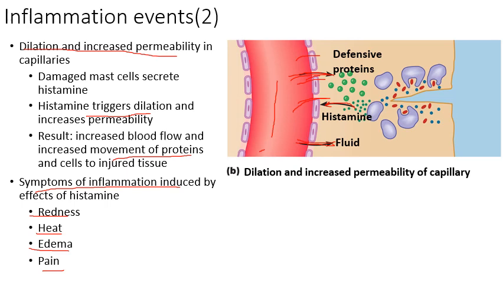Those are the classic signs when you think of inflammation. Those are induced by that histamine release that is going to increase dilation of the vessel and also increase permeability to allow those substances out into the tissue. And that's why you get that swelling in that region, because these fluids and proteins are coming out.